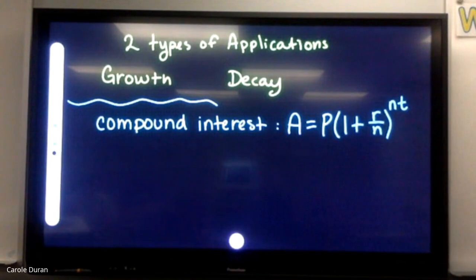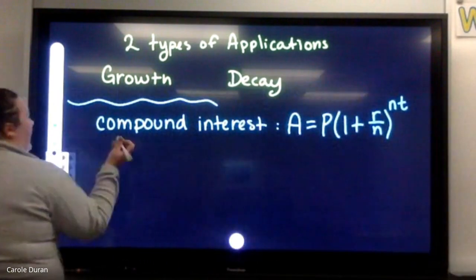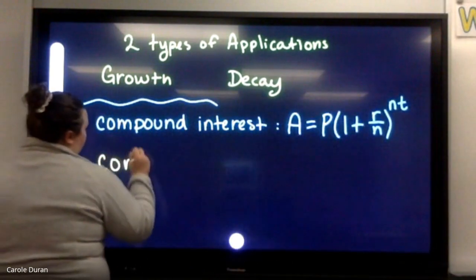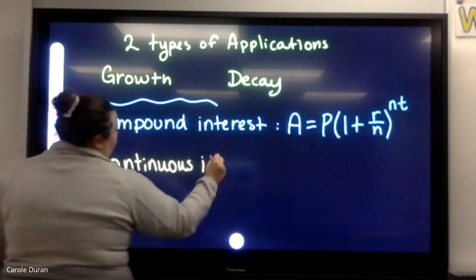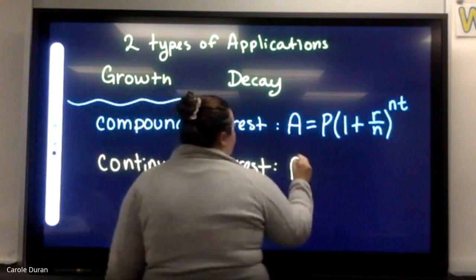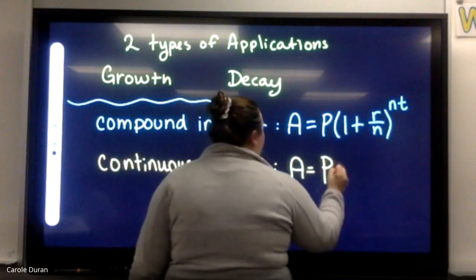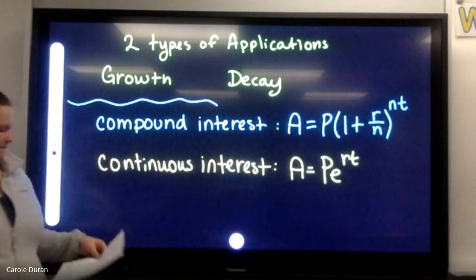We also have continuous interest. This one is very similar, but the equation is A equals principal times e to the interest rate times time.